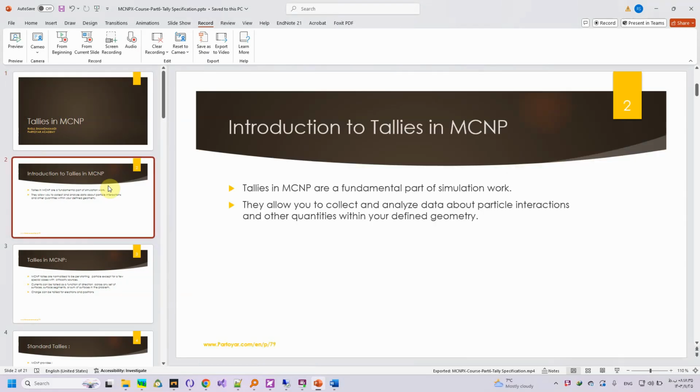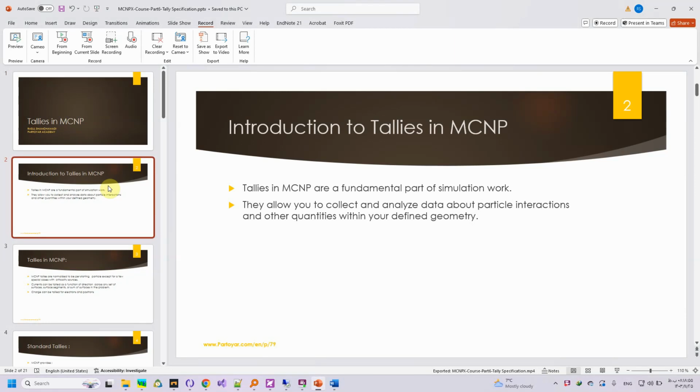If we want to know what a tally in MCNP is, we must consider a function that helps us to earn the parameter and quantity that we need.